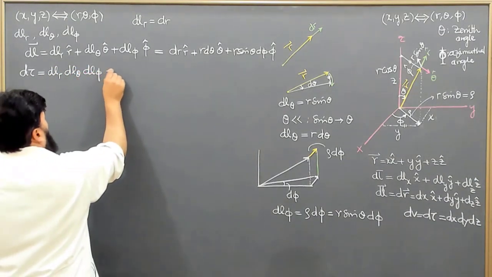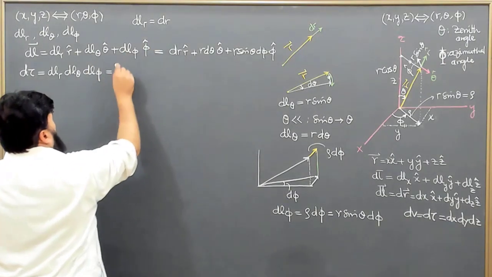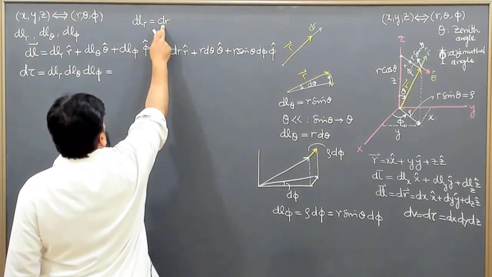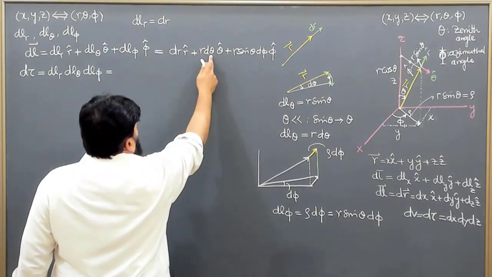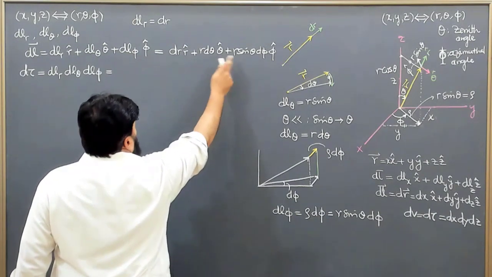And this is equal to dr, then r d theta, and r sine theta d phi.